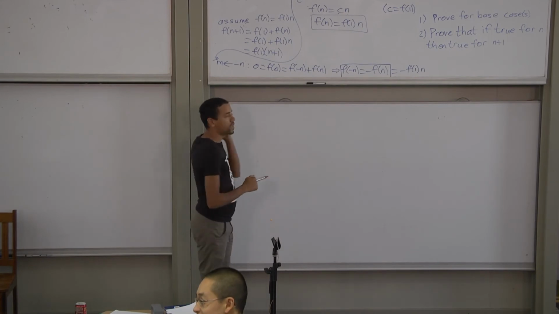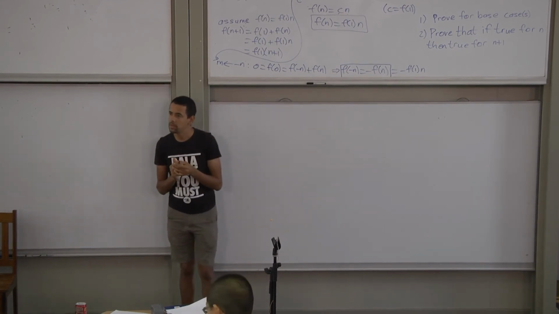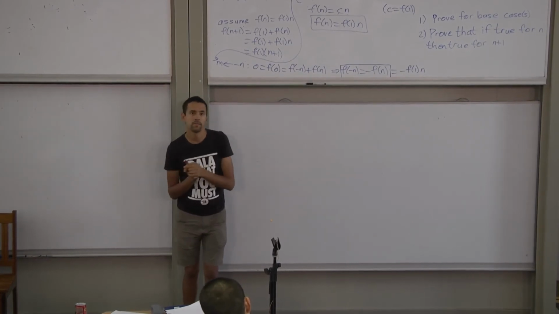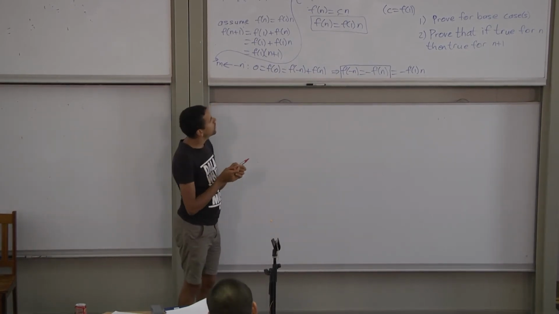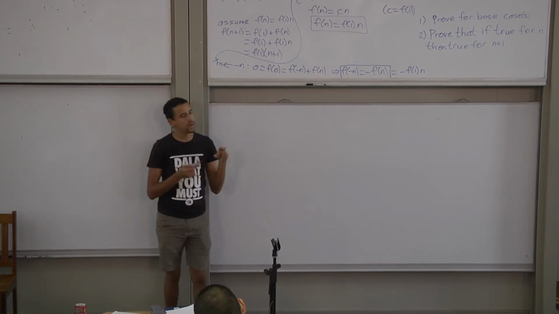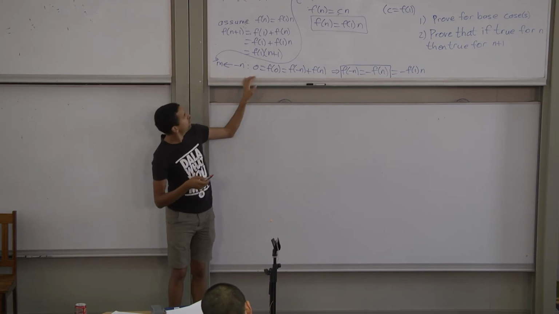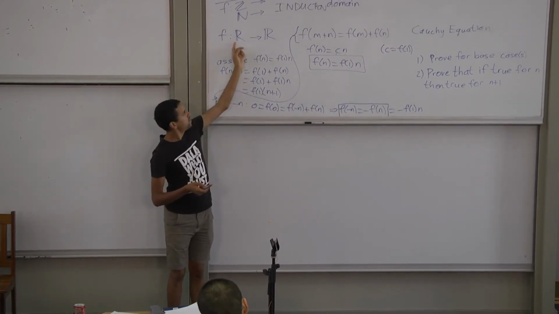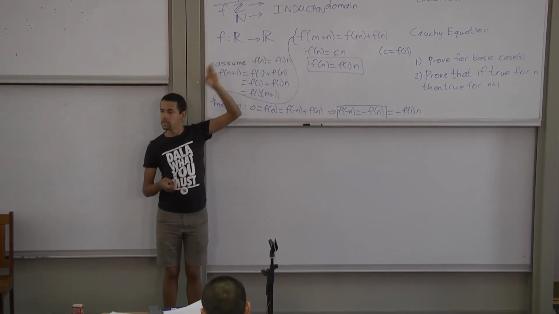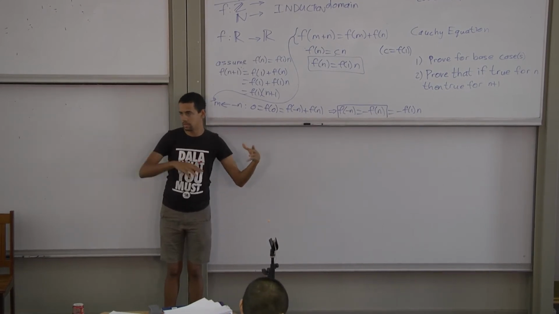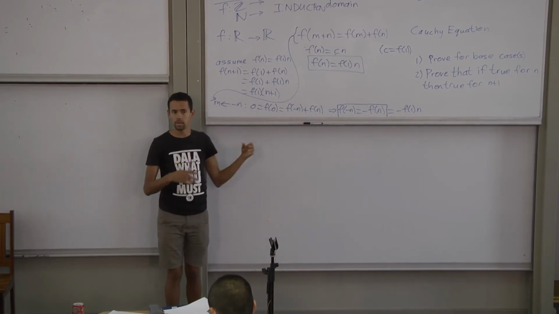Okay, you've heard of the range of a function, which sometimes gets confused with a codomain, but it's not the same thing. So the codomain is the values that your function is allowed to take. So here, f is allowed to take real values. The range is all the values that it actually hits, that it actually goes on to.